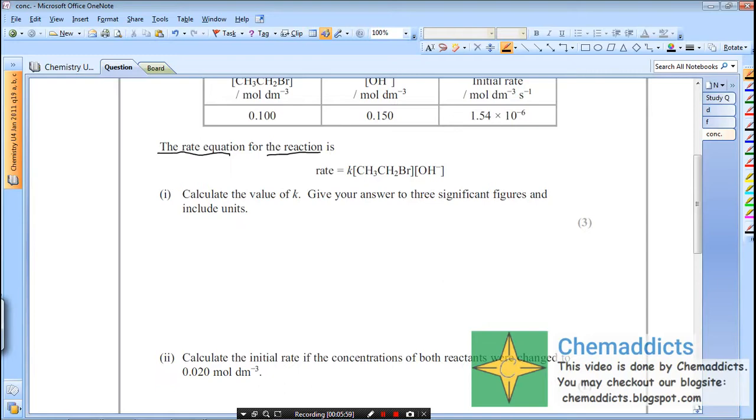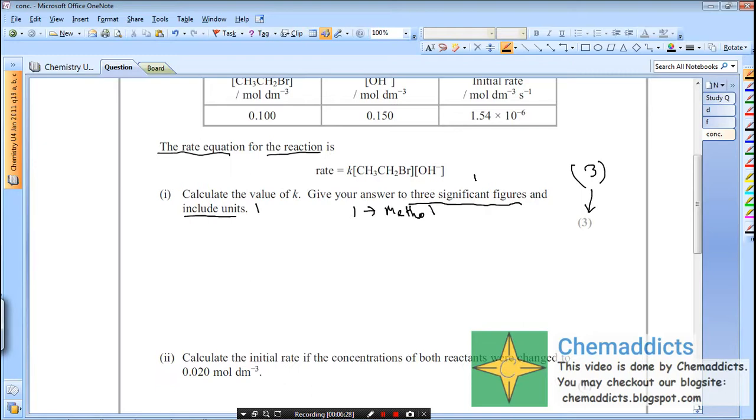As you can see, the total mark for this question is 3: one mark for the significant figures, one mark for including units, and the other mark is for method.